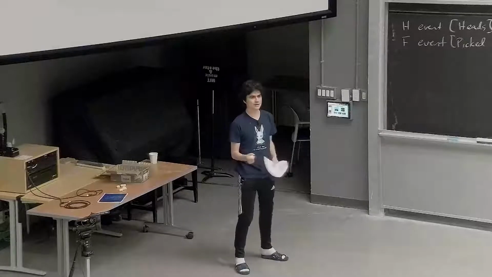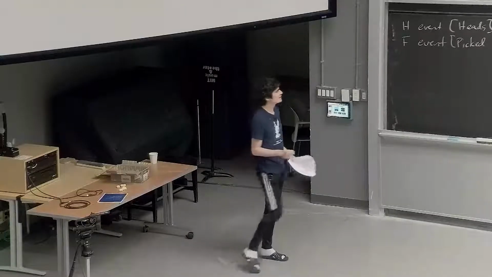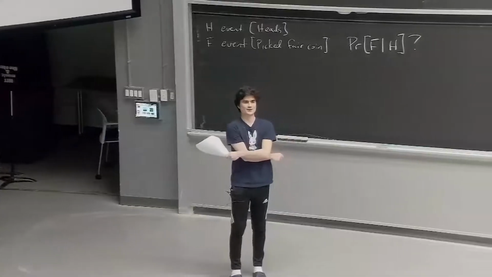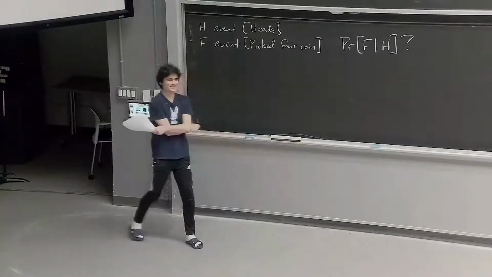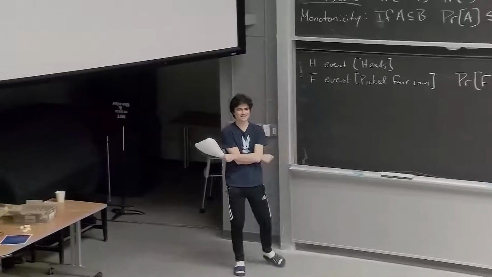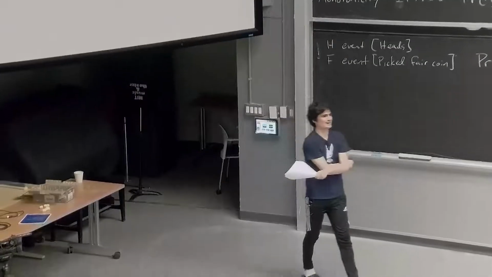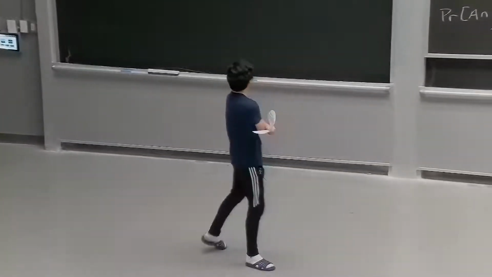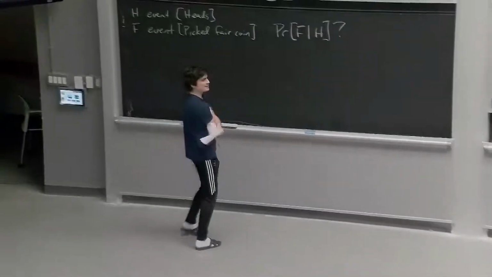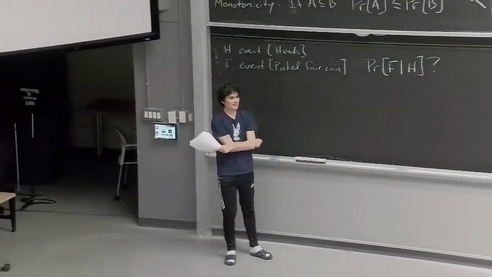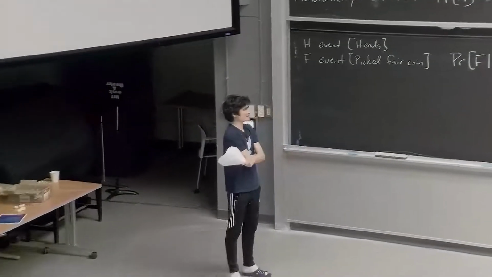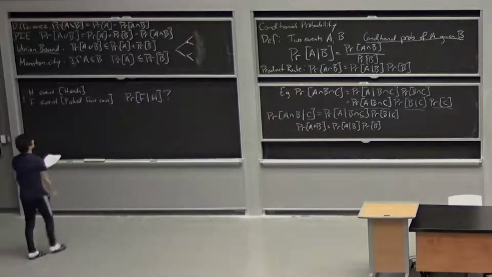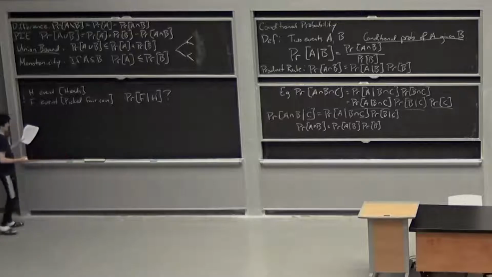Does anybody see a way to use Bayes' rule? Yeah, the probability of H given F is easy. That's 50%. So that's an easy known quantity. If we use Bayes' rule, that might make it easier to compute.